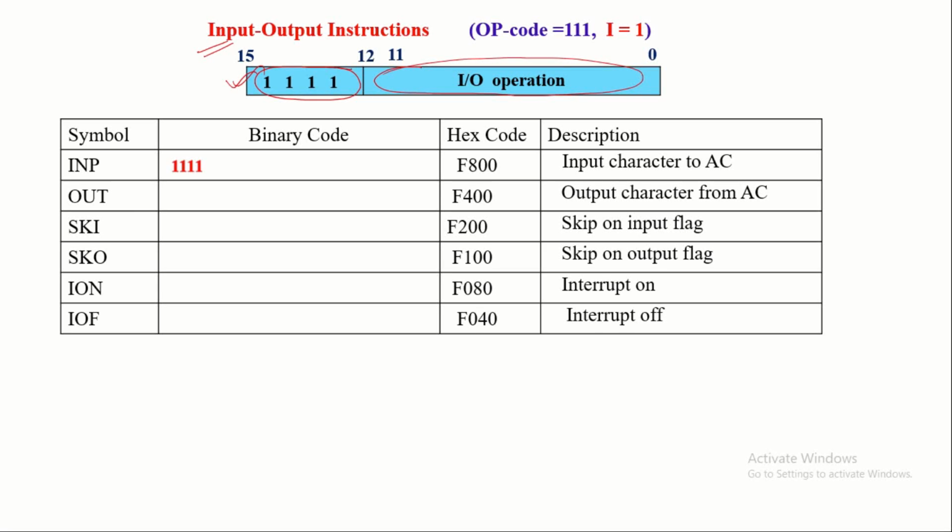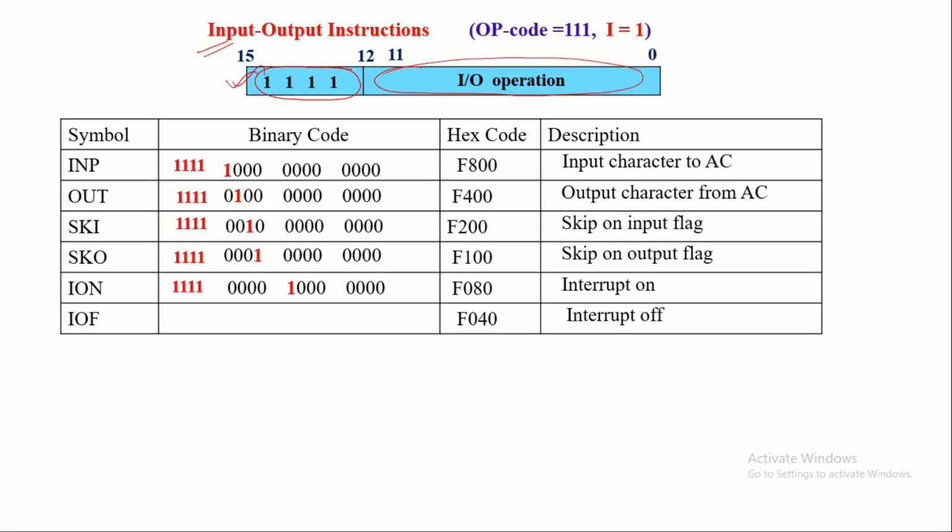Okay. Let us look at the 16-bit binary code of the input-output instructions. You can observe here in all these input-output instructions, the first 4 bits are set to 1s, and in the remaining 12-bit values, only one of the bits is set to 1. Okay. So if the 11th bit is set to 1, it indicates input character to accumulator. If the 10th bit is set, then output character from accumulator.